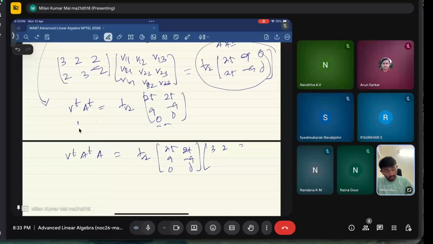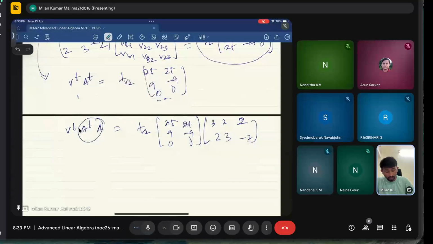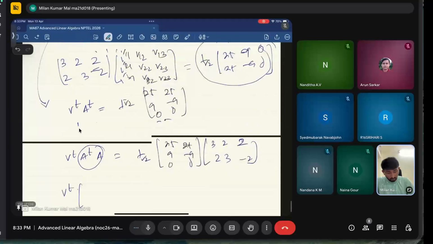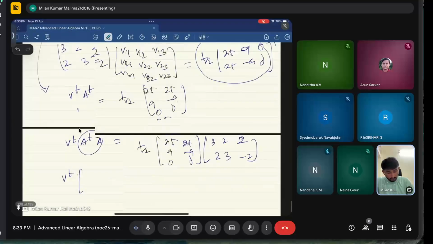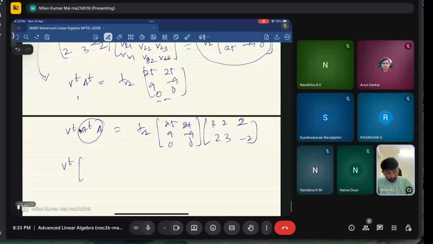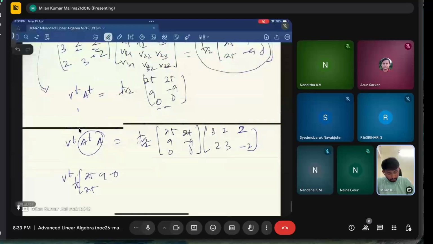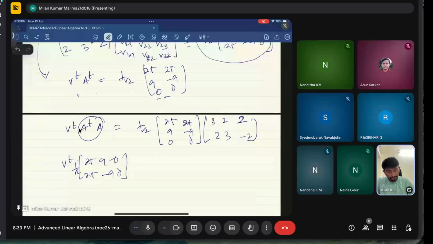A transpose A, I have multiplied 3 2, 2 2, 3 minus 2, and this is going to be equal to V transpose into A star A, actually 25, 1 by square root of 2, 25, 9, 0, 25, minus 9, 0. Yeah, this is equal to this one, whatever it is.